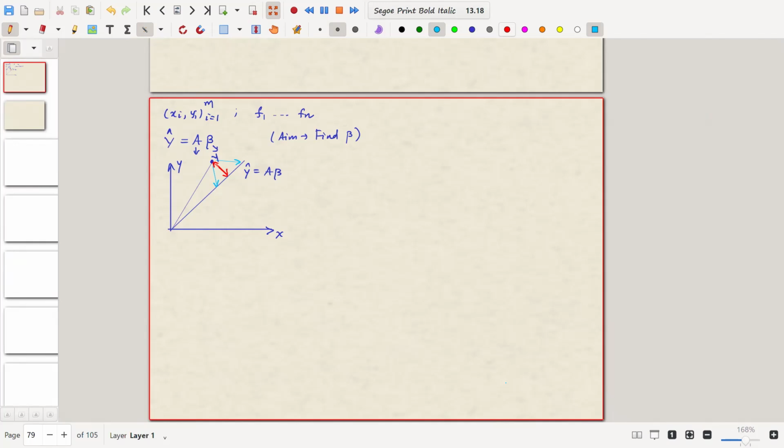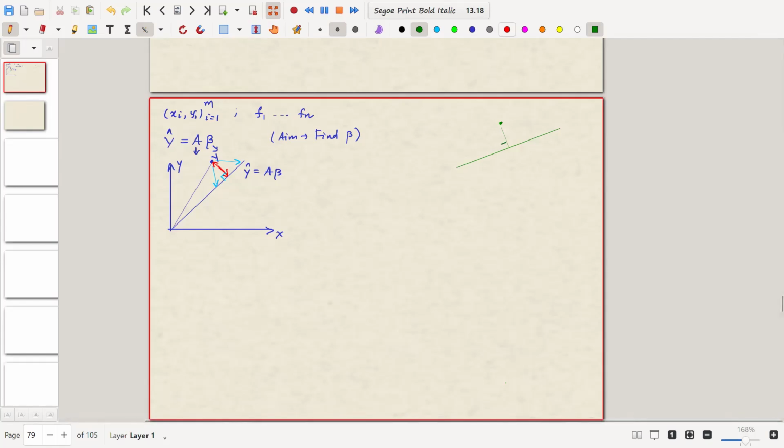Think a bit. You cannot take the blue one, because the red one is the perpendicular one. The red one is the perpendicular distance between y and y cap equals A beta. The perpendicular distance is the least distance from a point to a line. If you have a point and a straight line, the minimum distance between them is the perpendicular distance.